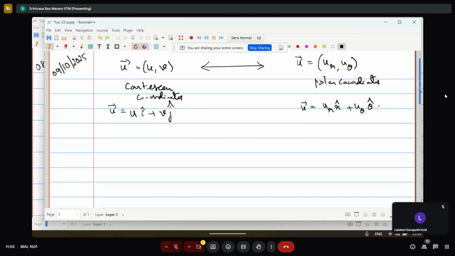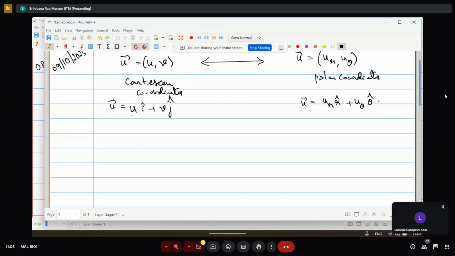Now to see the flow, you know the velocity components, so I can get my streamlines directly. How to get my streamlines? Streamline psi of x, y, it is anyway a two-dimensional flow.